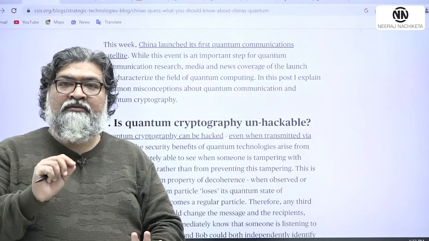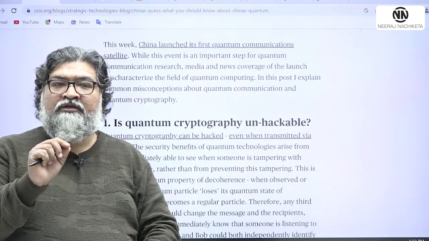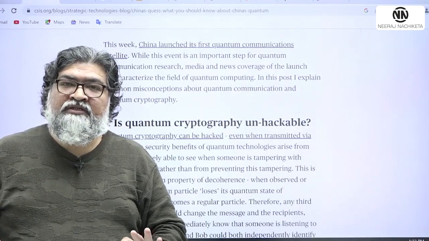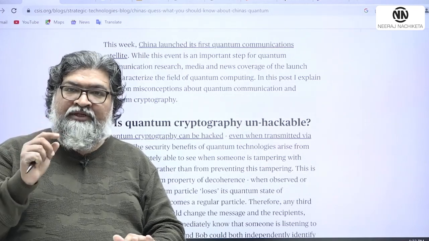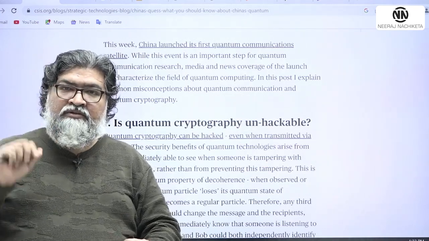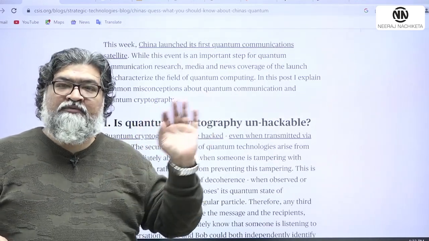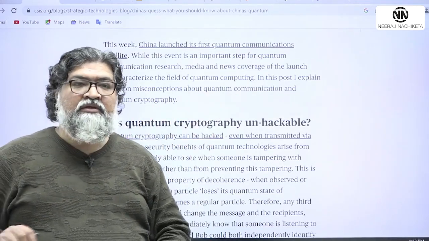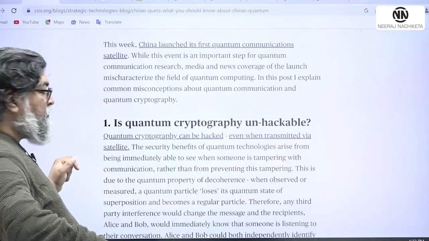Nobody can hack it, right? Cyber proof. Nobody can hack such a quantum communication gateway. This is what China tried to demonstrate using a satellite, Micius satellite, a quantum-enabled experiment in space technology. This is what they have done here. So that's what has been in the news.